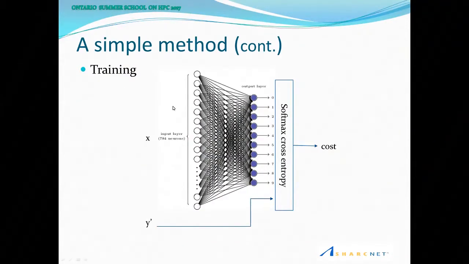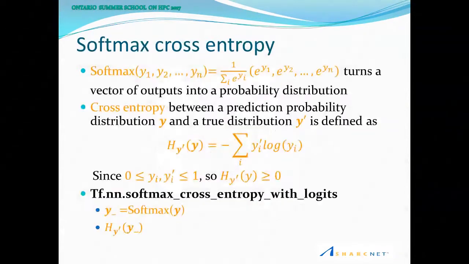If the input image is digit 2, I wish the third neuron in the output layer gives the largest output. Okay, that's my hope. If I achieve that, then later on I can predict correctly. So basically, I want the output to match my desired hope.